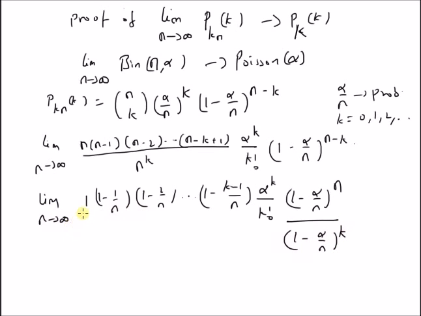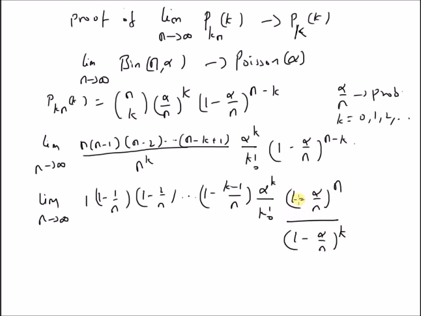So if you insert the value that n is equal to infinity, we basically get that this factor is equal to 1, and this value is basically equal to 1, since 1 by infinity is 0 and 1 minus 0 is still 1 and 1 to the power k is 1.